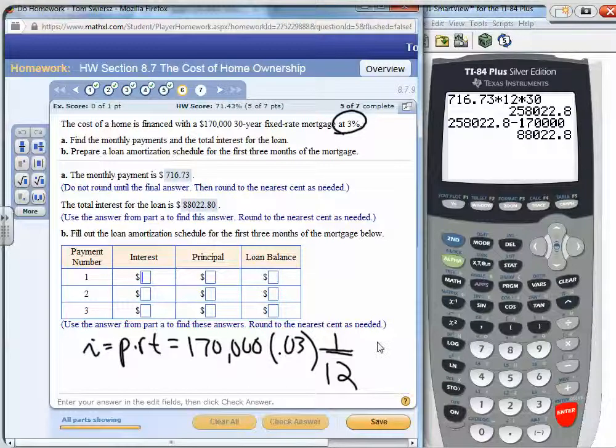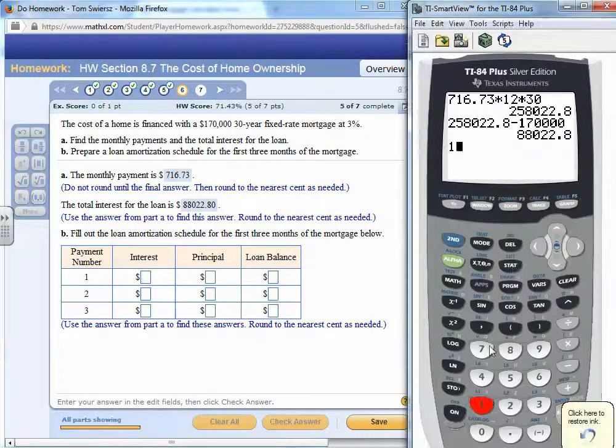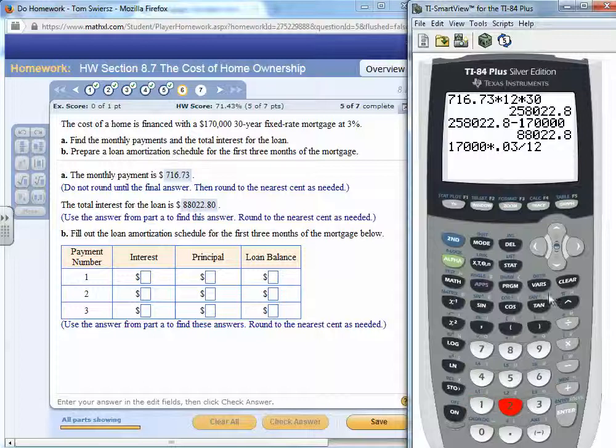So we'll go ahead and multiply, and that will give us our interest. Okay? So on the calculator, $170,000 times the rate, 0.03, divided by 12. Oops, I got 17,000.